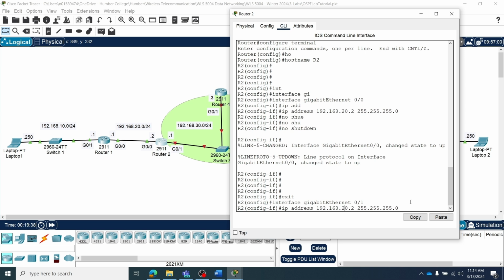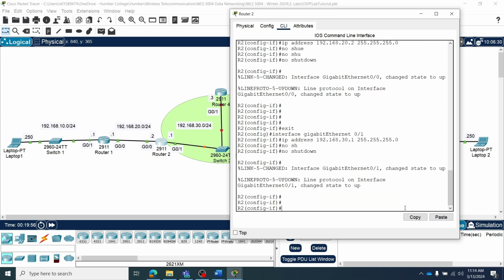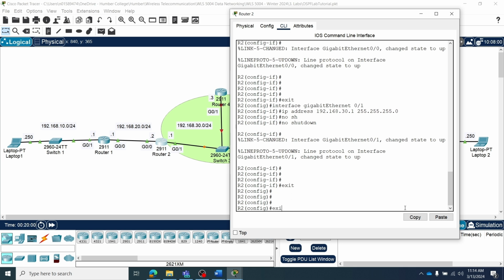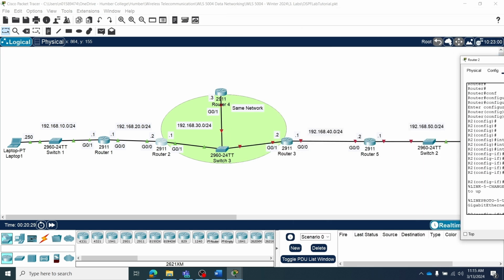So 130.1, then no shutdown. So the IP configuration on router 2 is done.